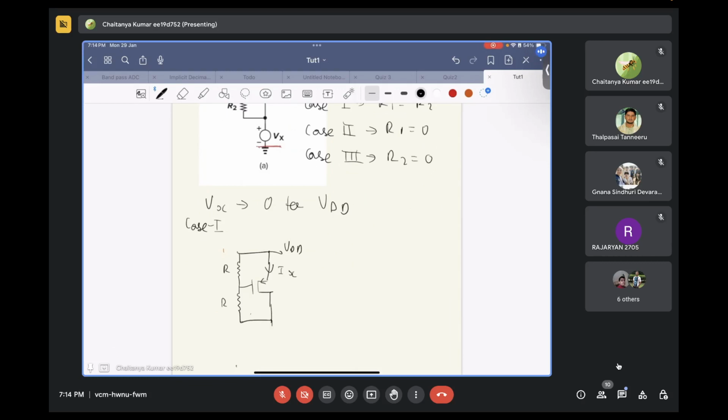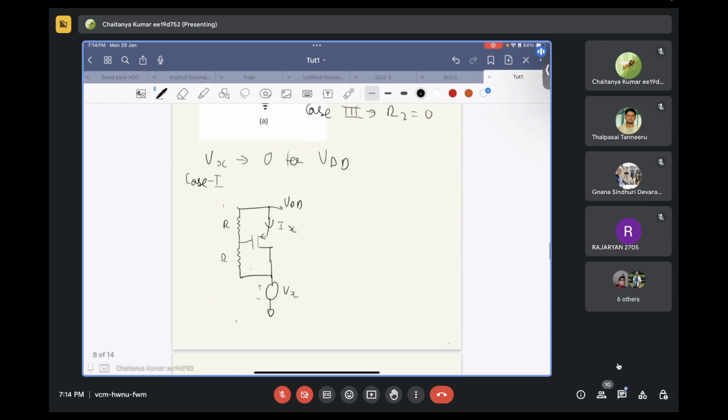This is Ix, Vx. So what is the voltage at this node? VDD minus Vx by 2. Everyone follows this?